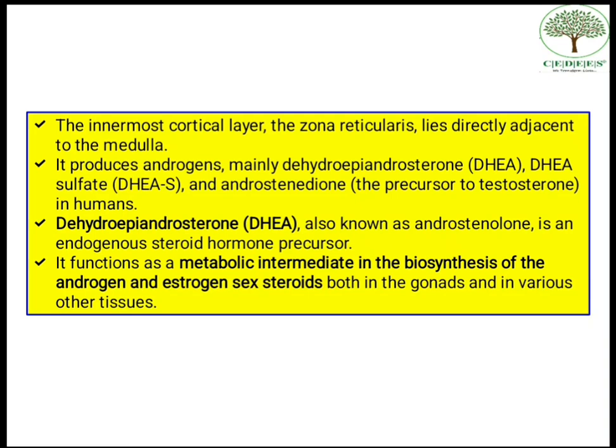Now what is the main role of this? As you know, it will produce these androgens. Androstenolone is basically DHEA, which functions as a metabolic intermediate in the biosynthesis of androgens and estrogens. So in the process of synthesis of testosterone and estrogen and all these androgenic hormones in males and females, this DHEA is a very important metabolic intermediate.